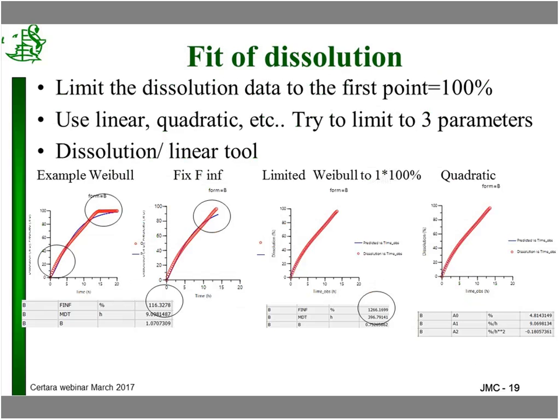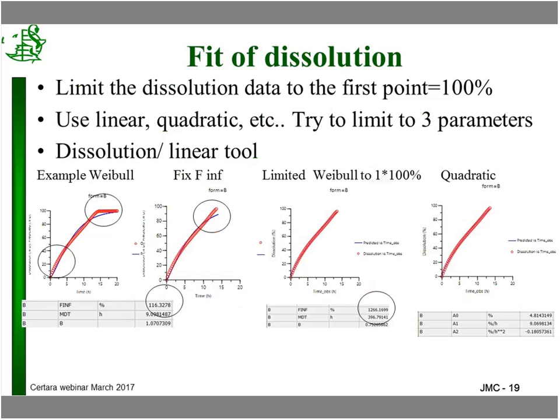Fitting dissolution data is not something which is so easy. If we take formulation B, which was a medium formulation, we are going to try a lot of possibilities. The first one is, for example, here, to use the classical one. You can see that my fitting curve with a Weibull function is not perfect. Why?